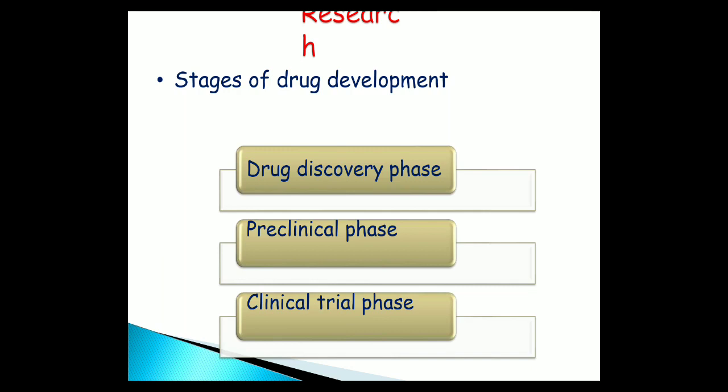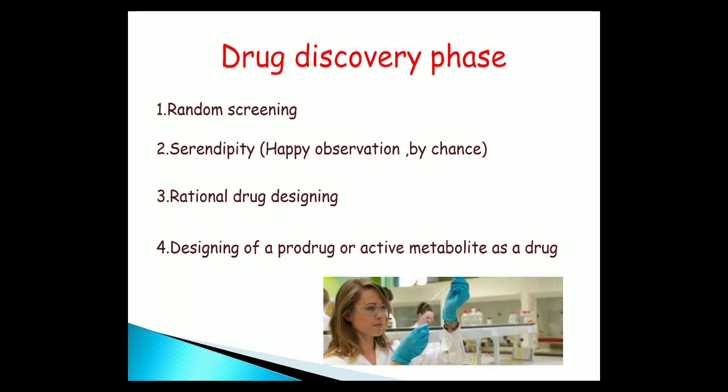Very first step is the drug discovery phase. Second, after drug discovery, is the preclinical phase, and after the preclinical phase they push it to the clinical trial phase. So first we'll see the drug discovery phase.